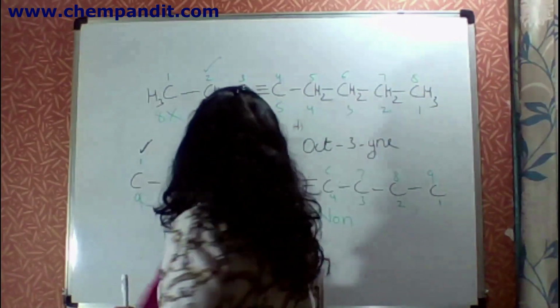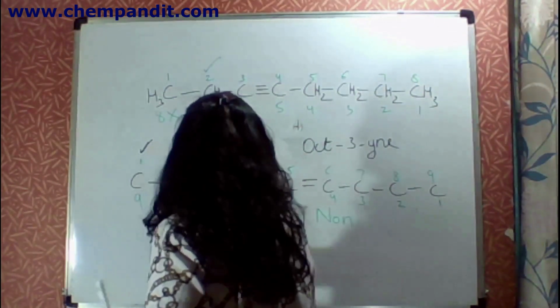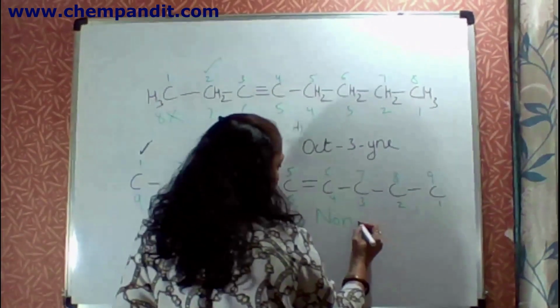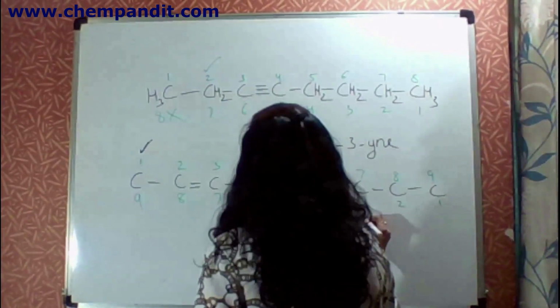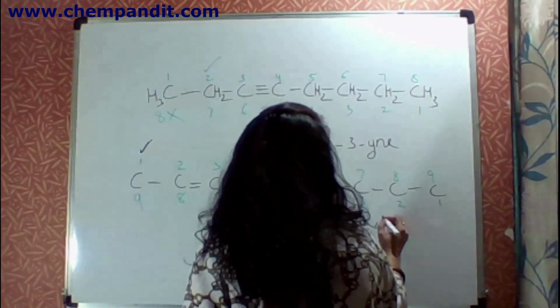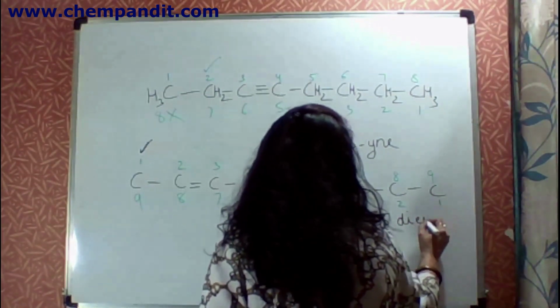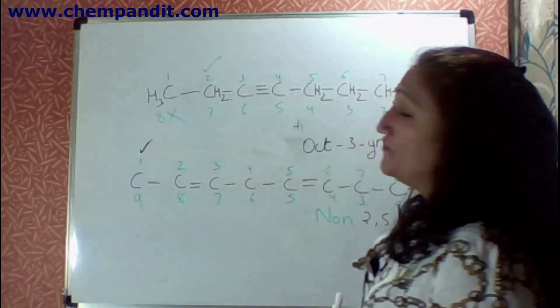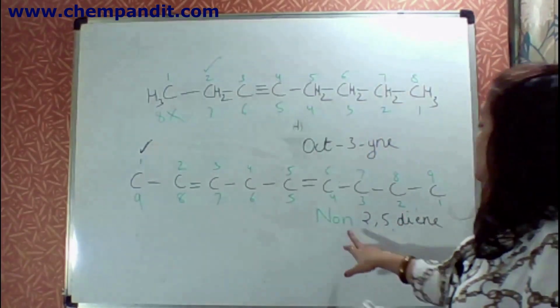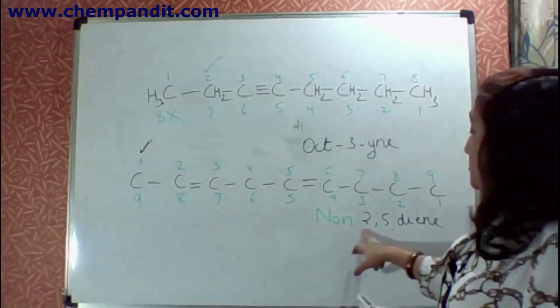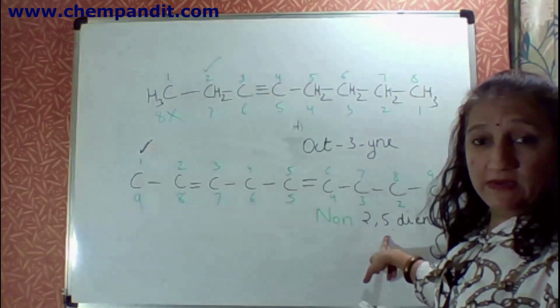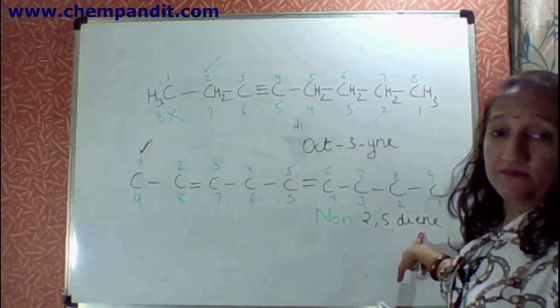Clear? So the name of the compound will be written as non-2,5-diene. Non means there are 9 carbon atoms. 2 and 5 are the positions of double bonds. And diene.